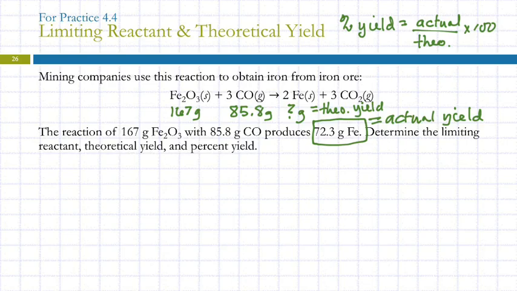So we need to have 2 calculations here to calculate our theoretical yield. We're going to start with the one reactant, and then we'll do the other reactant. Grams to moles to moles to grams. So 167 grams of Fe2O3. Grams to moles.